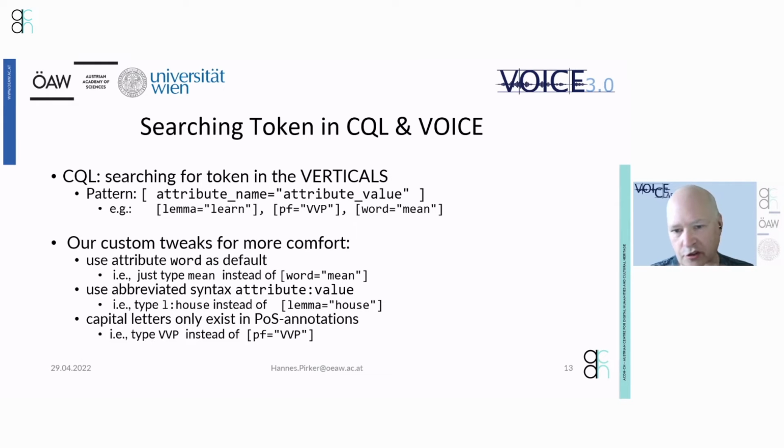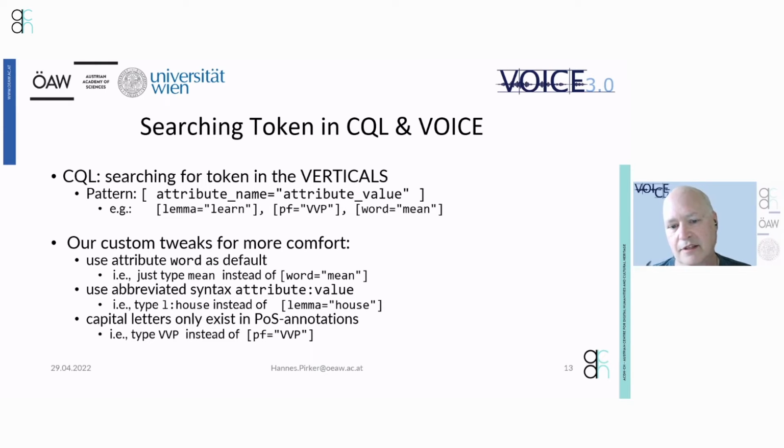So when you're searching for a token, the abstract pattern is: use square brackets, tell the search engine which attribute you are searching in, then an equals sign, and then the real search string. Just look for a word. Whether it's the word form, the lemma or the part-of-speech tag, it's always the same pattern.